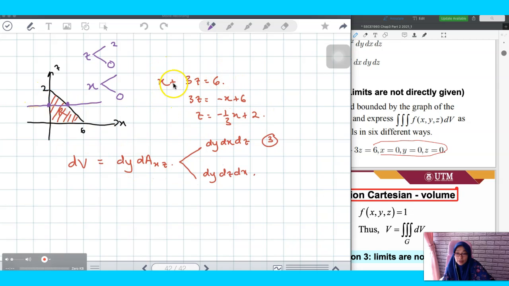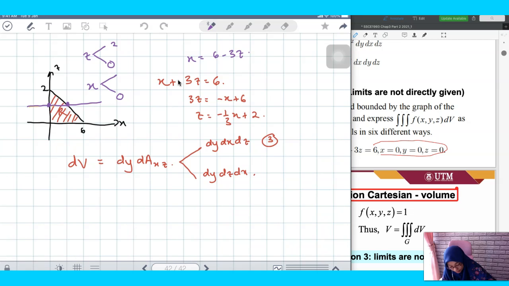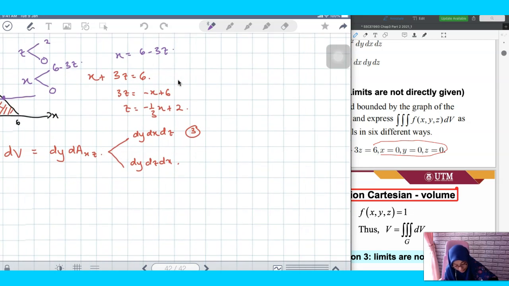So x equals 6 minus 3z. So to solve this triple integral, your dV is dy dx dz. Z is 0 to 2, and x is 0 to 6 minus 3z.